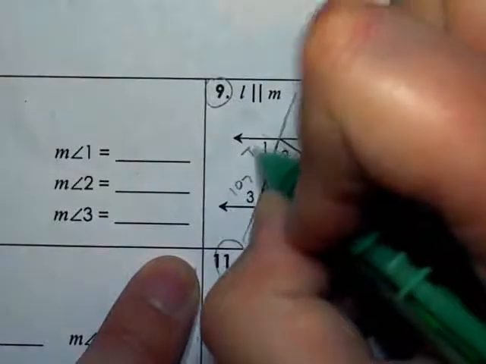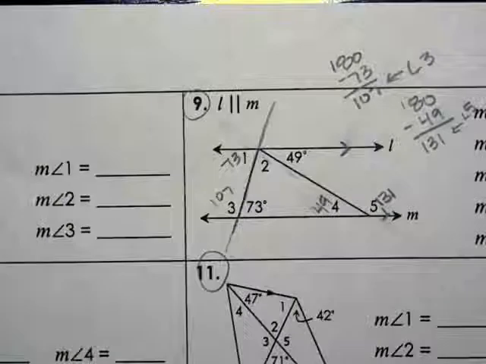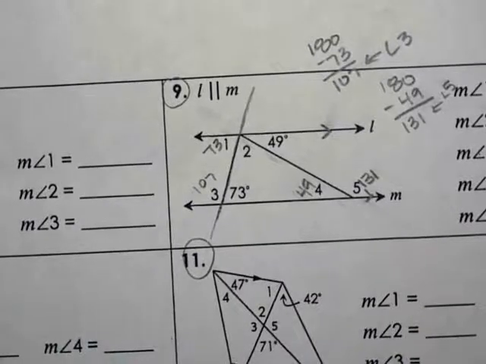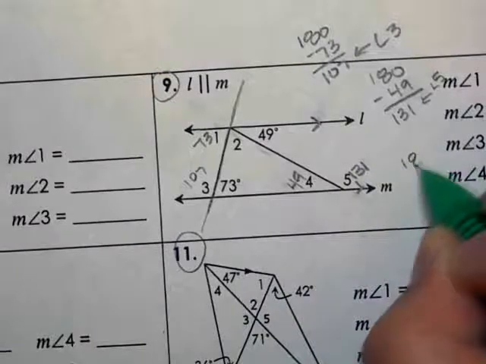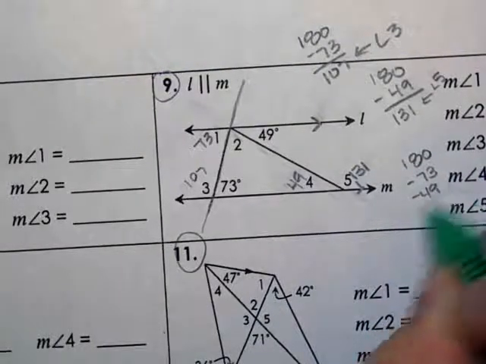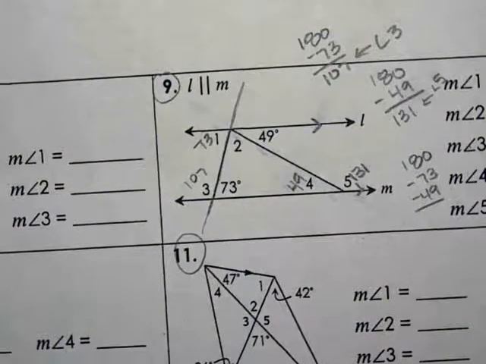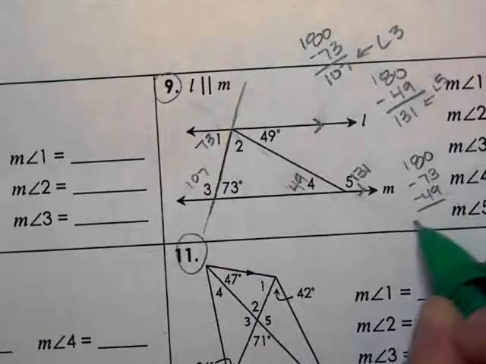Okay. So we got that. And what else do we have to solve for now? Angle 2. And that's just the triangle inside, so we can do 180 minus 73 minus 49. And so what is the measure of angle 2? 58.